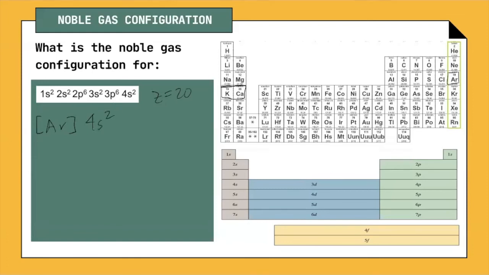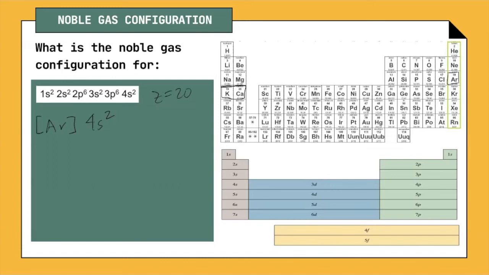So that's just how you write for calcium. You can do it yourself, how you would write the SPDF notation of calcium. So I'm challenging you to do that in your paper. And also the orbital diagram for that. I hope that you will do that in your paper.